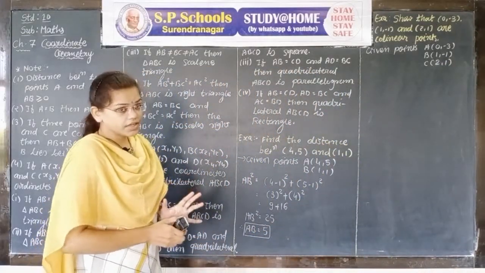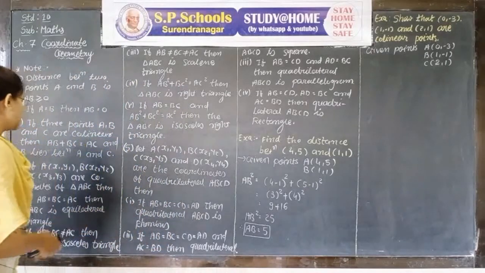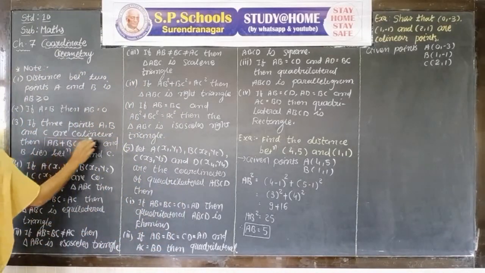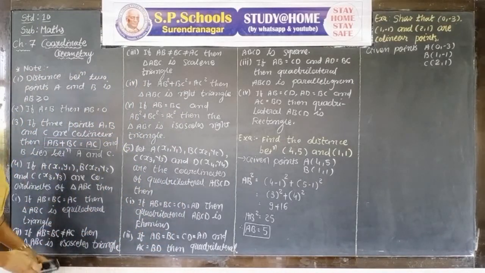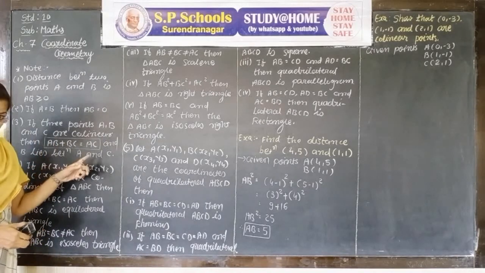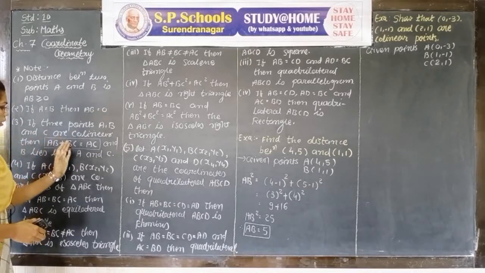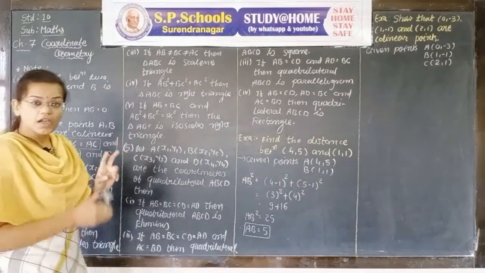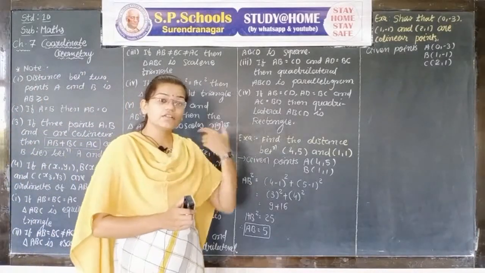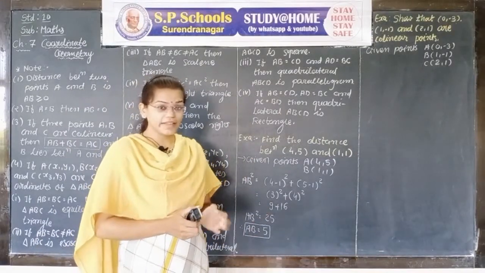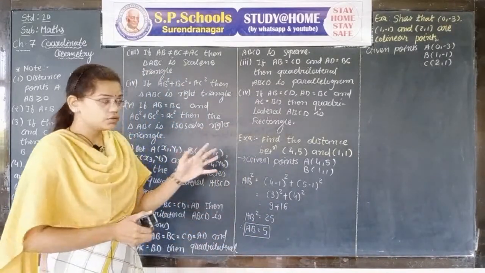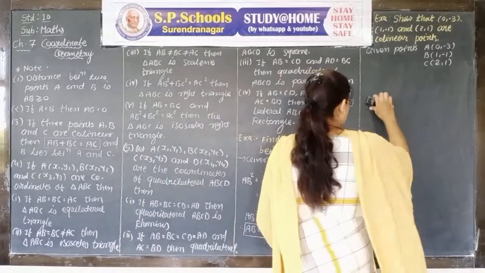If the 3 points are collinear, then compulsorily this condition will hold: AB plus BC is equal to AC, or AB plus AC is equal to BC, or BC plus AC is equal to AB. The sum of any two is equal to the third one. To find AB, BC and AC, we need to use the distance formula 3 times.